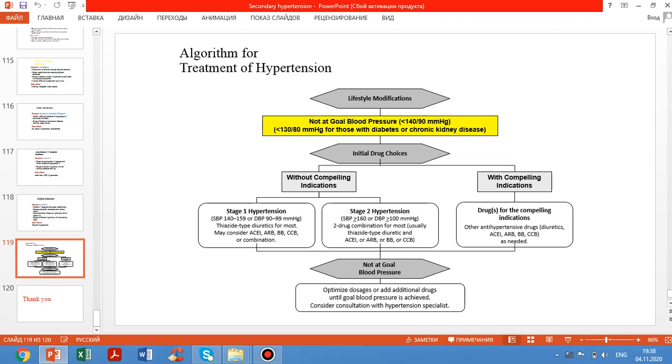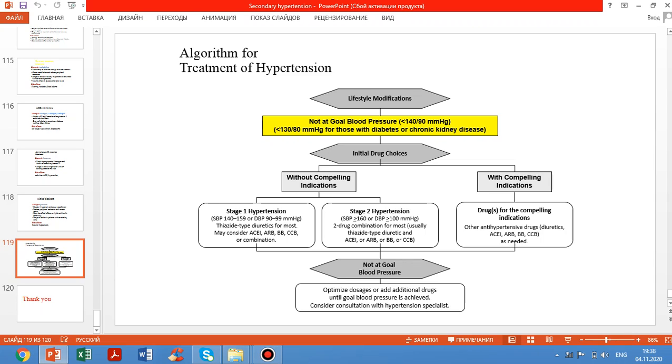With compelling indications, use drugs for the compelling indications, and other antihypertensive drugs such as diuretics, angiotensin converting enzyme inhibitors, angiotensin receptor blockers, beta blockers, calcium channel blockers as needed.